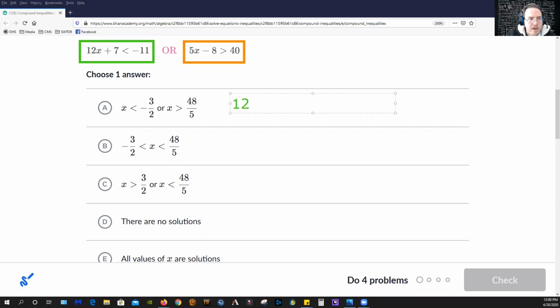Okay, so 12x plus 7 is less than negative 11. That's what it said. If I just do the work we've been doing for the past half hour, I could subtract 7 from both sides and get 12x is less than negative 11 minus 7, which is negative 18.